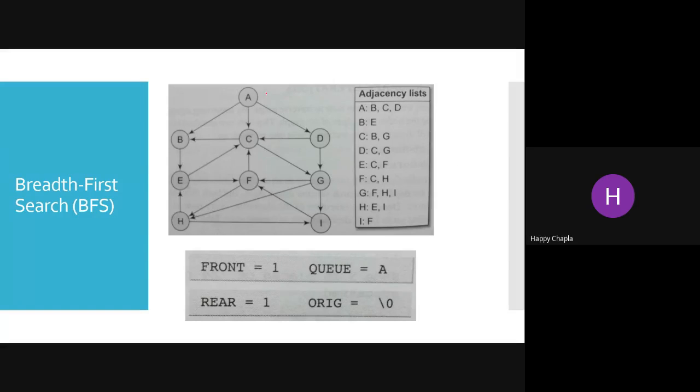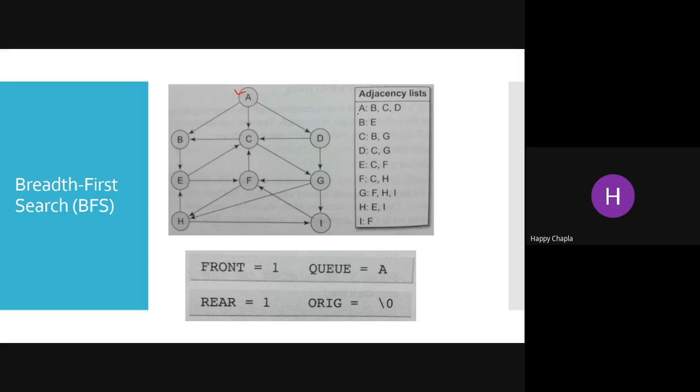First step is to write down every vertex's value list-wise. So we have A, B, C, D, E, F, G, H, and I vertices with us. So I have just written that neatly.